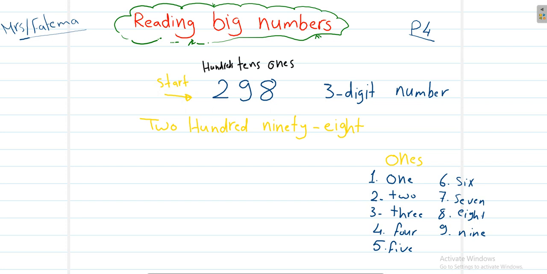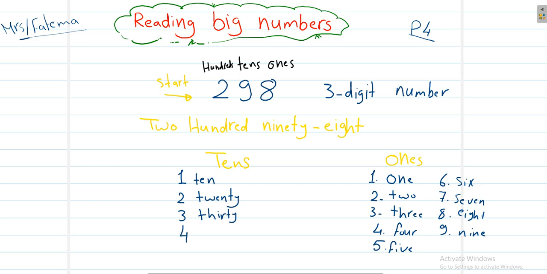But what if I have digits in the tens place? How is it going to be read? If I have 1 in the tens, it's going to be read as 10. What if I have 2 in the tens? It's going to be read as 20. If I have 3, it's going to be 30.